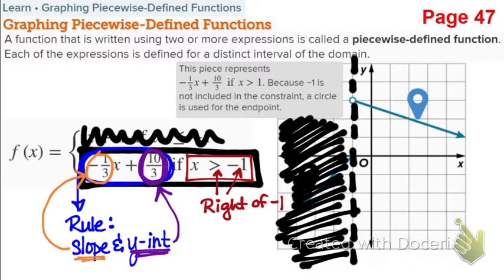Can I still see the y-axis even though I've blocked out the other part? Mm-hmm. So I can use slope-intercept form to graph this line. My y-intercept is gross. It's 10/3. They plotted that for me. But I can look at my slope, down 1, right 3, down 1, right 3.